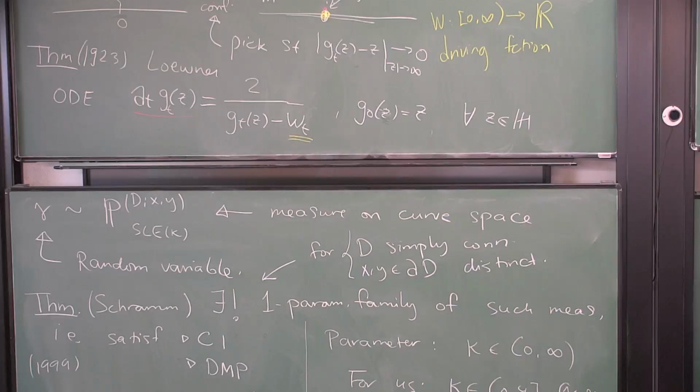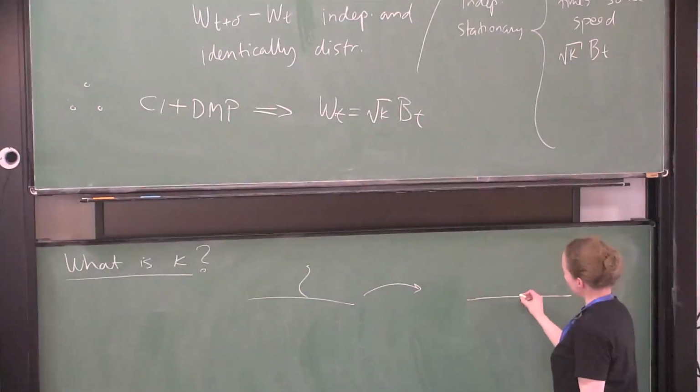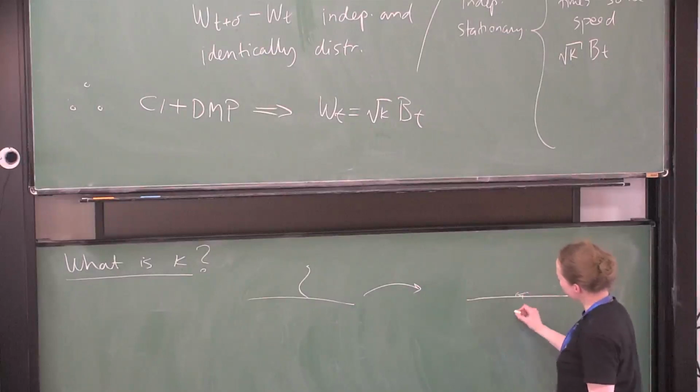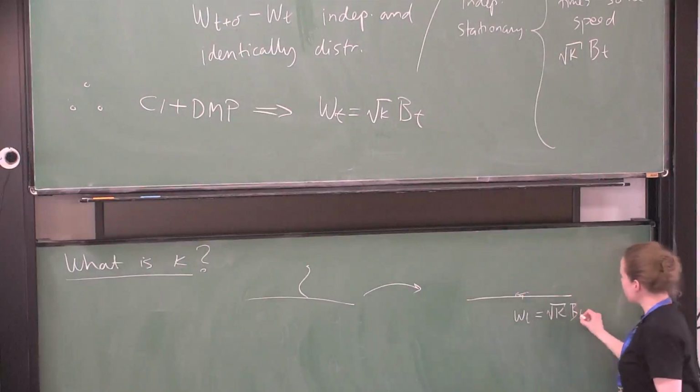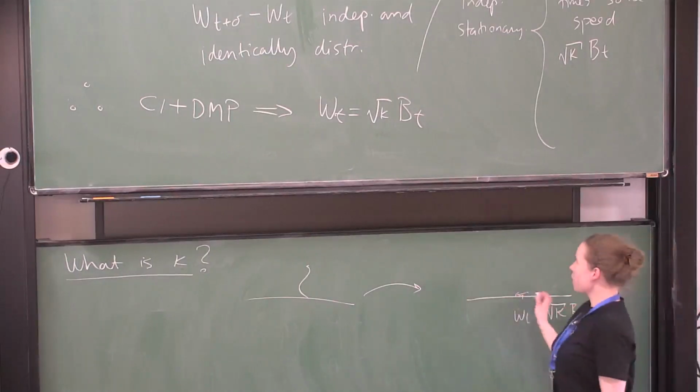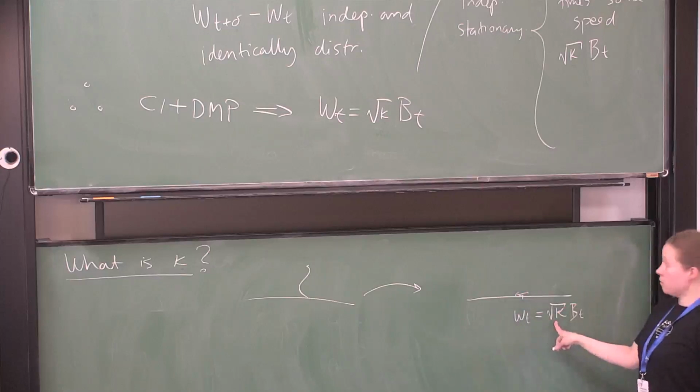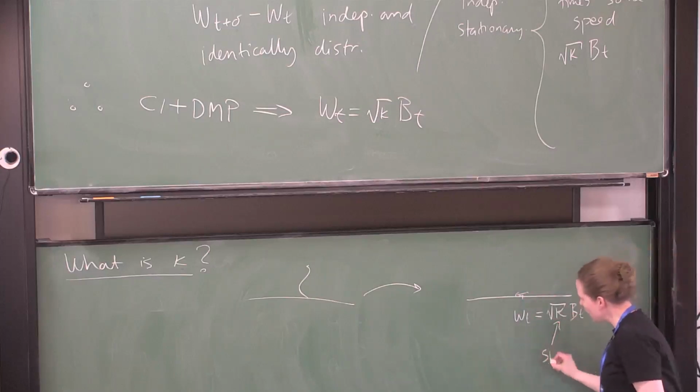But maybe the simpler one from here is that if you look at your thing, how does it move? So W is moving here, right? And now it's this Brownian motion with some speed. So if the speed is really big, then it's going to move a lot, right?